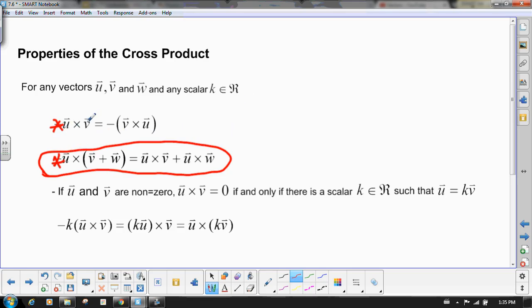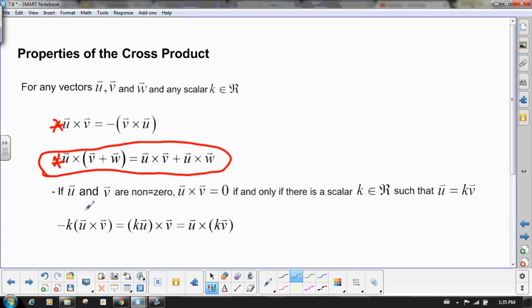U cross v is the same as the negative of v cross u. So that should make sense, because as you saw in one of the examples, if you do u cross v, it's going to be pointing upwards, and then the negative would be pointing downwards. So it's simply a directional thing. Here, the u cross v distributes in, but you maintain the cross. So it becomes u cross v plus u cross w.